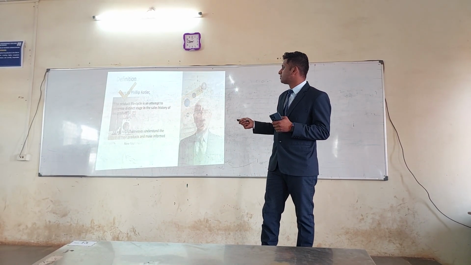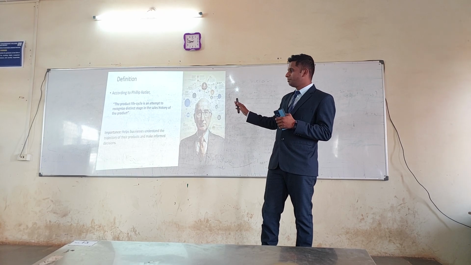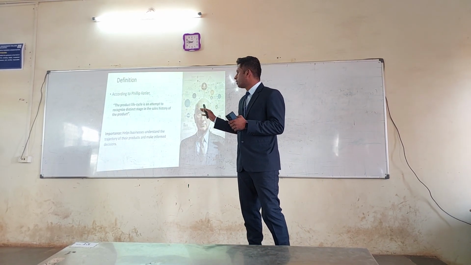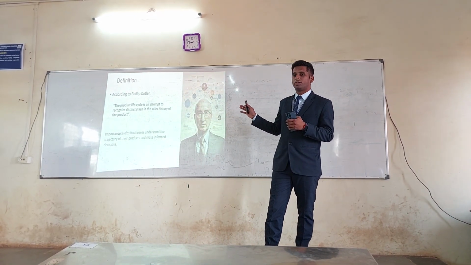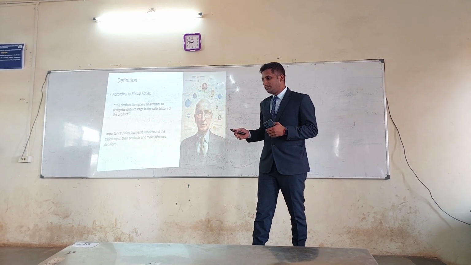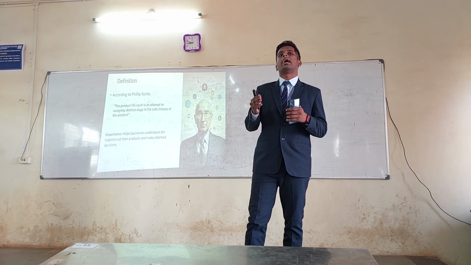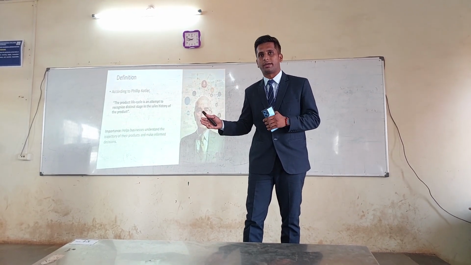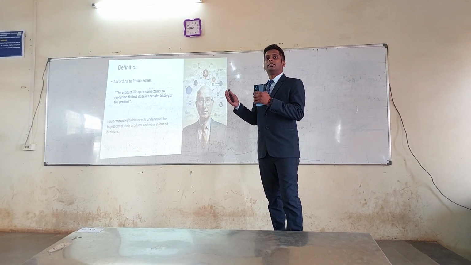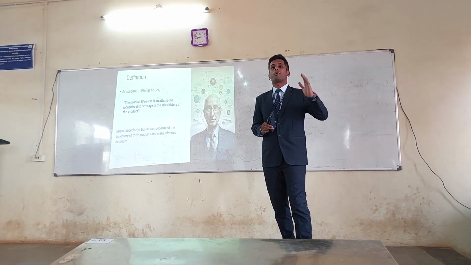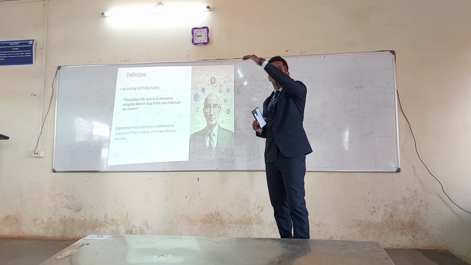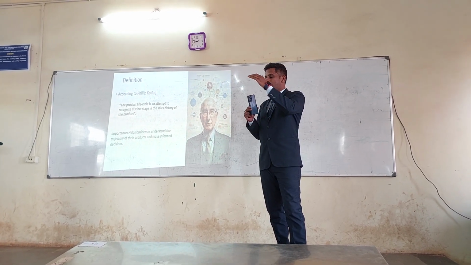So what is product life cycle? According to Philip Kotler, product life cycle is an attempt to recognize the distinct stages in the sales history of the product. For every organization as the manufacturer, the product life cycle works as their current progress in the market. It shows the graph of where the product stands in the market, where it goes, and what time it will decline.